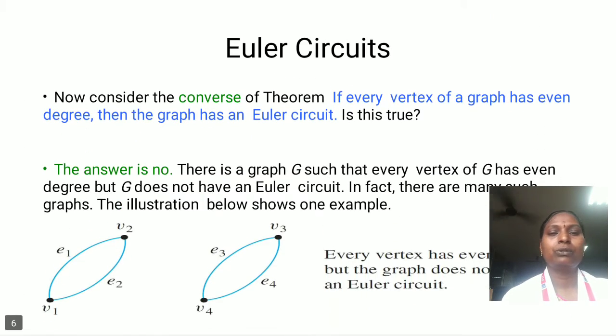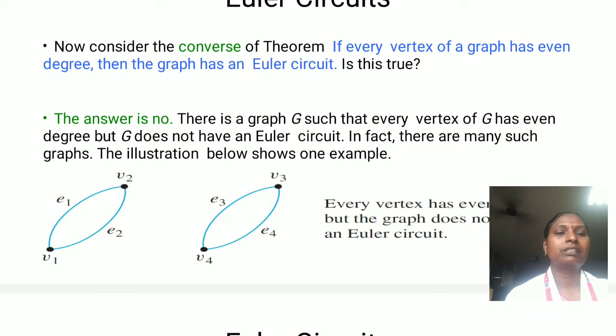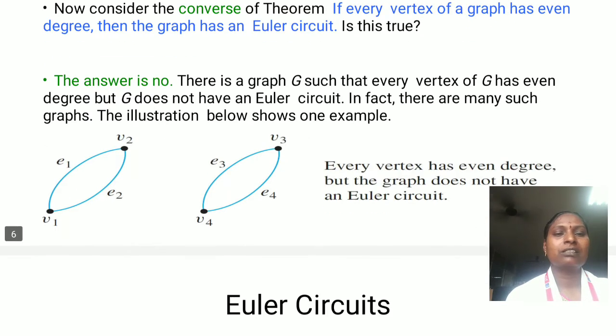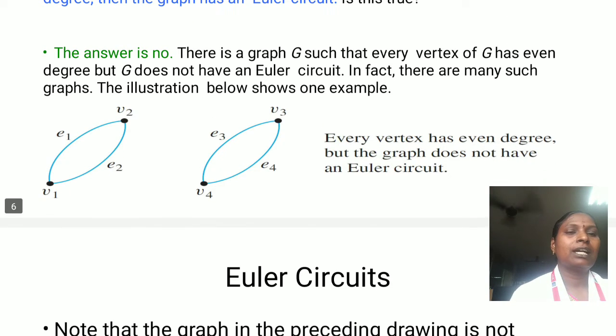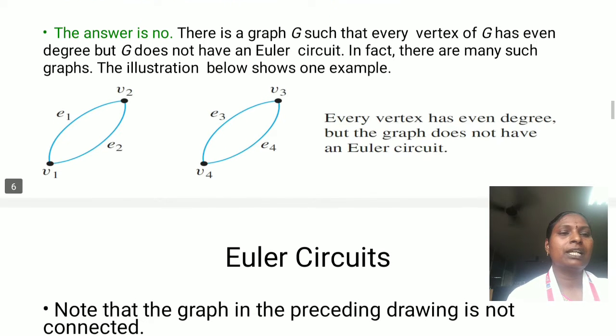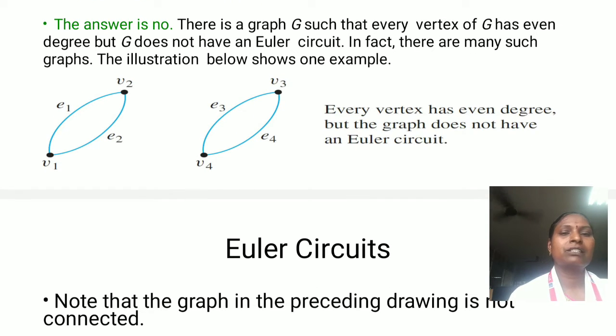Now consider the converse of the theorem. If every vertex of a graph has even degree, then the graph has an Euler circuit. Is it true? The answer is no. There is a graph G such that every vertex of G has even degree, but G does not have an Euler circuit. In fact, there are many such graphs.